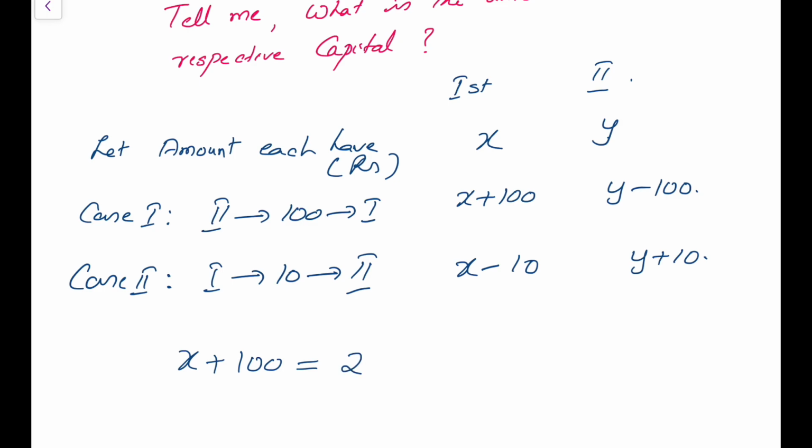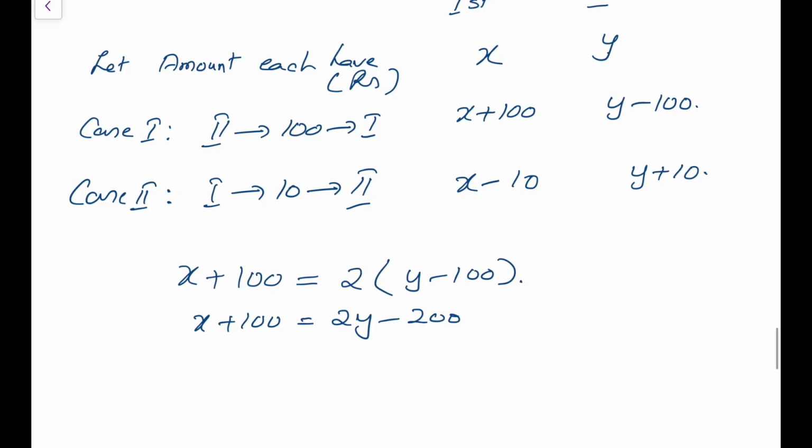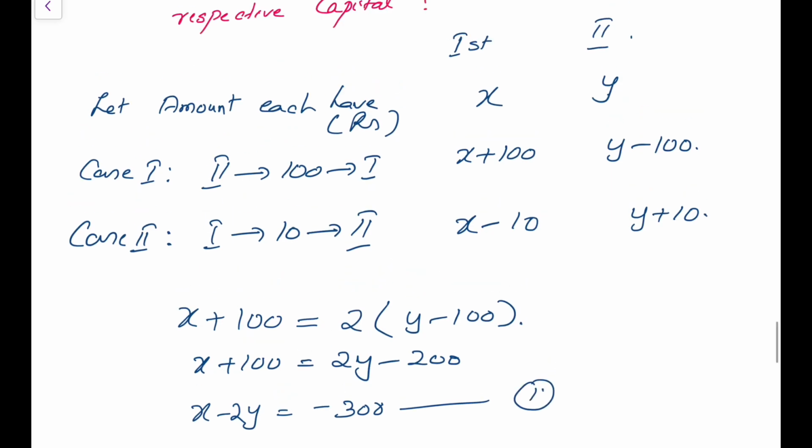So twice means 2 into, as you, you is the second person, it is Y minus 100. So X plus 100 equal to 2Y minus 200. So X minus 2Y equal to minus 300. This is equation 1.